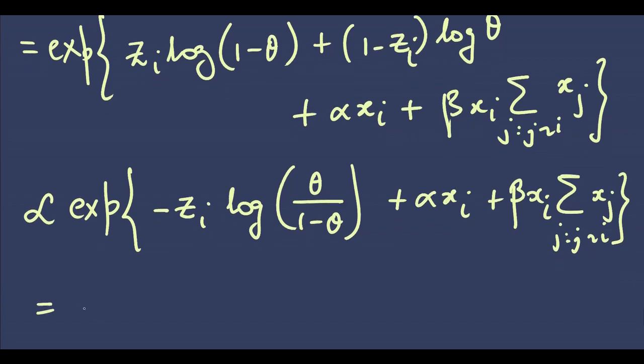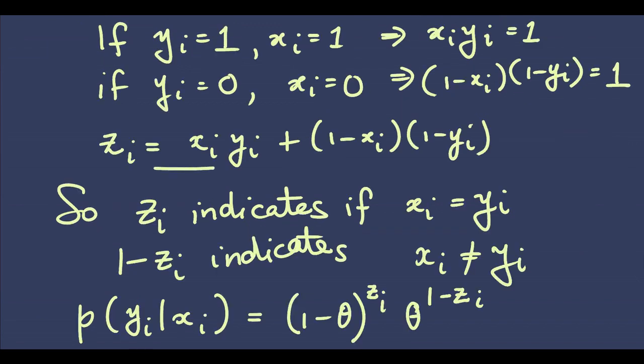Alright, and now what we'll do is we'll plug in what zi means. So just to remind ourselves, zi is xi yi plus 1 minus xi times 1 minus yi. Well, we know that we want to isolate the xi's on their own, so it makes sense to maybe expand this.